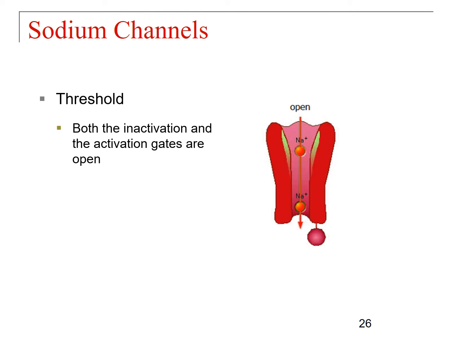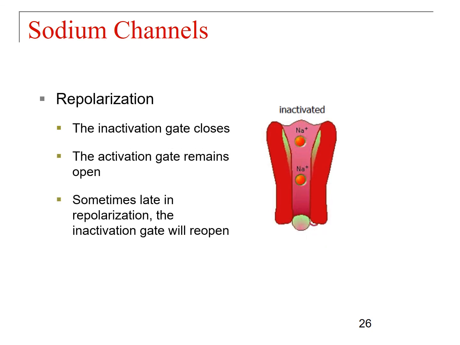Now when you hit +30, you have another shape change with this protein, and if you'll watch the inactivation gate at the bottom, it closes up. Now this gets called the inactivation gate because when this gate carries out its function, it inactivates the sodium channel. So as long as your inactivation gate stays closed, there is no passage of sodium at all through these channels.